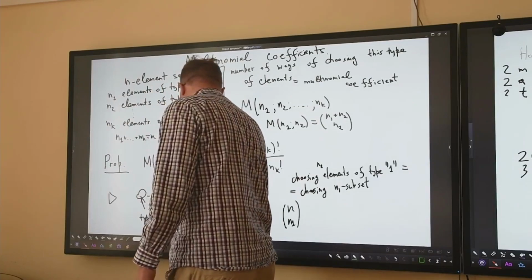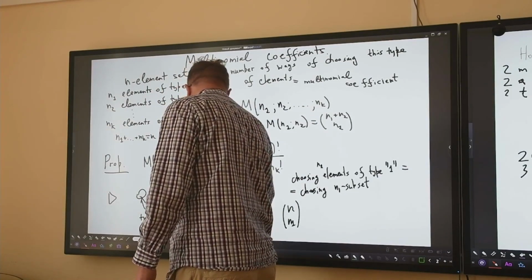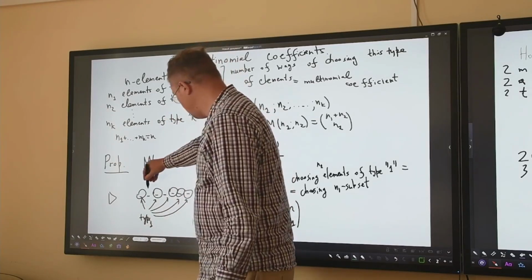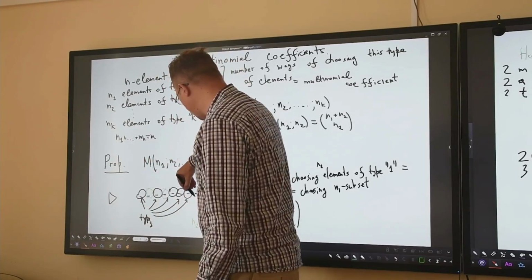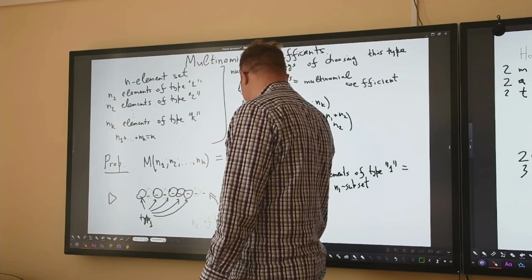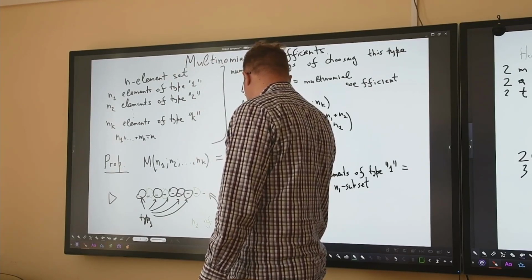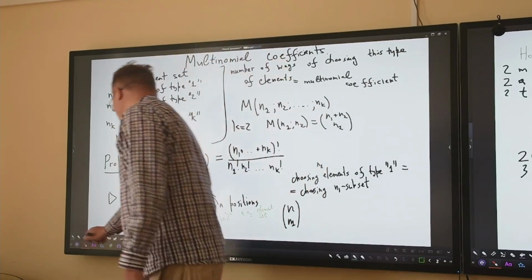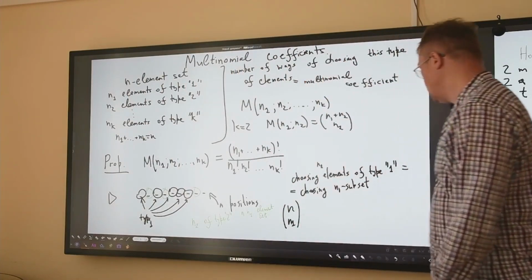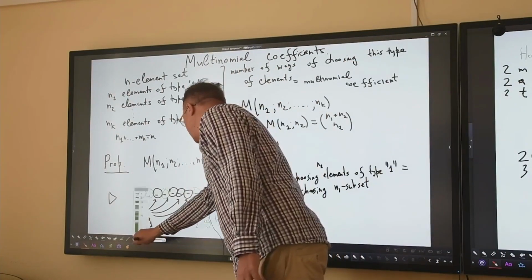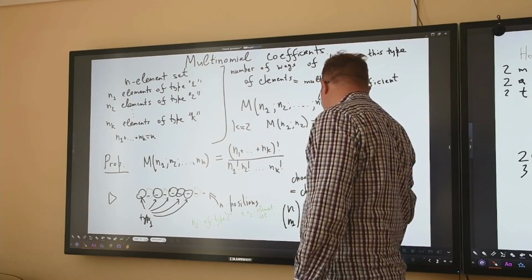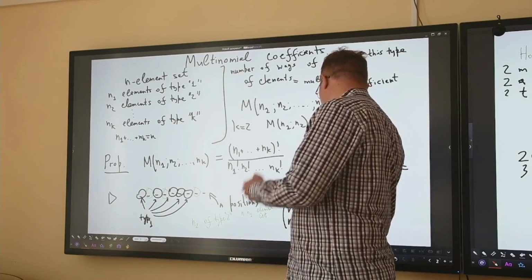So now I want to choose n2 elements of type 2 from the n minus n1 element set, and this I can do in exactly n minus n1 choose n2 possible ways.